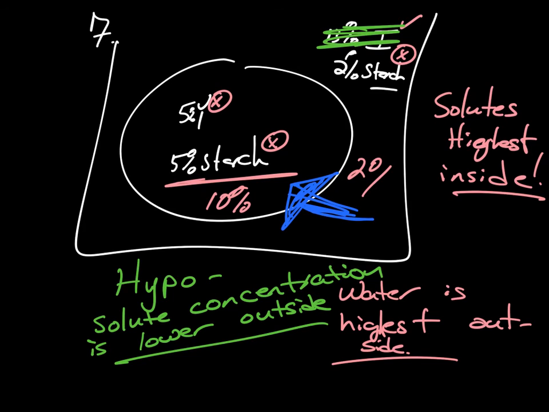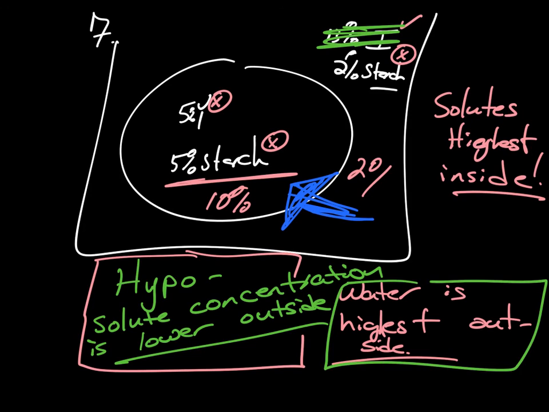And that's it. Don't say anything else. Concentrate on the idea: if the outside solute concentration is low, then it's hypo. If it's high, it's hyper. And please don't confuse the water concentration with the solute concentration. Otherwise, you're going to make a big mess of things.